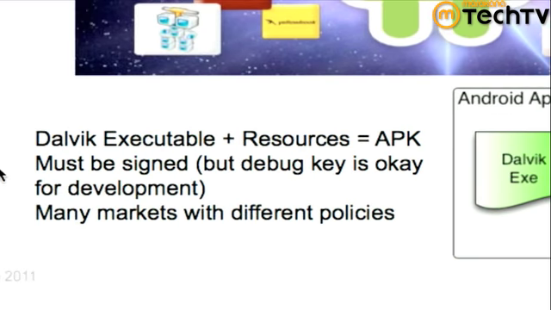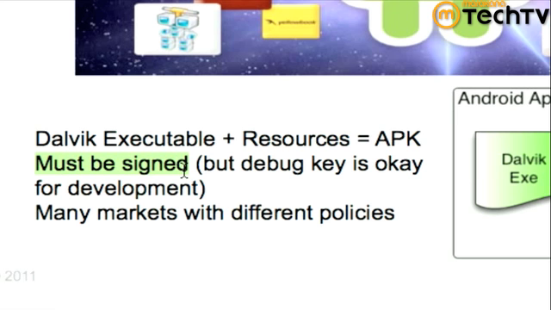A couple other things that I wanted to point out in terms of applications that you probably already know. Applications must be signed. So you've got to sign your application before you distribute it, but you can self-sign it. You can either self-sign it with your private key, if you have one, or you can create one, or we typically sign it with the debug key when we're just in development mode. We're not going to be seeing the actual process of signing because it just happens magically behind the scenes using the debug key.